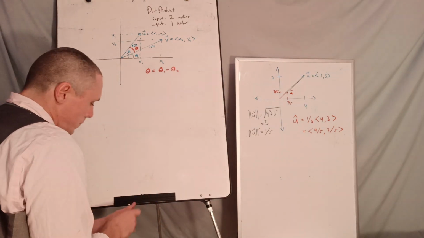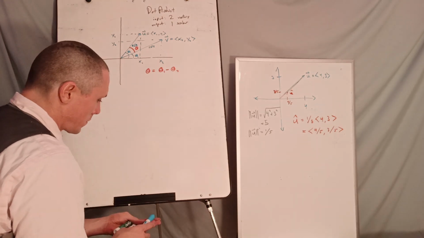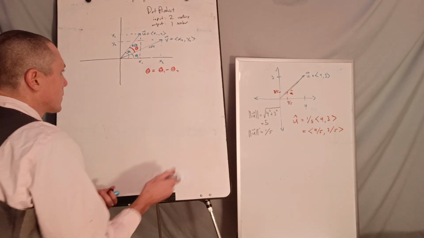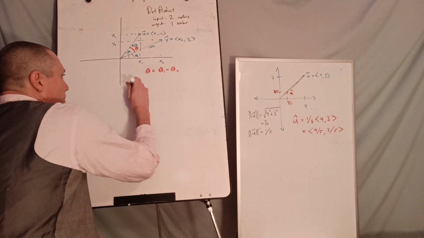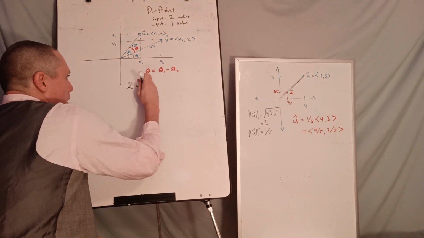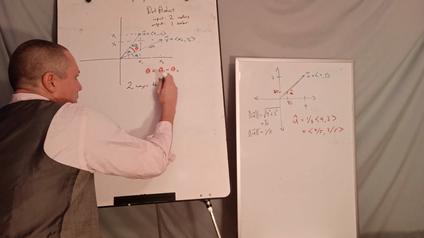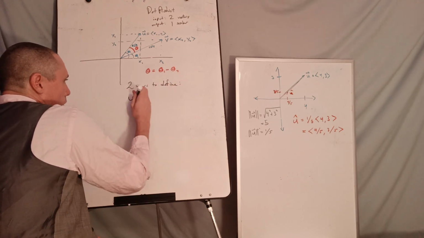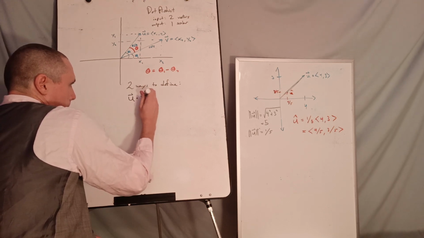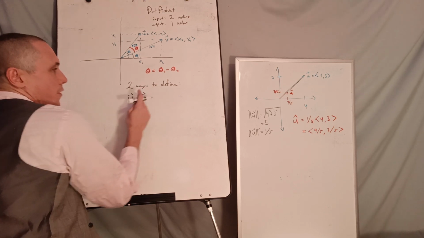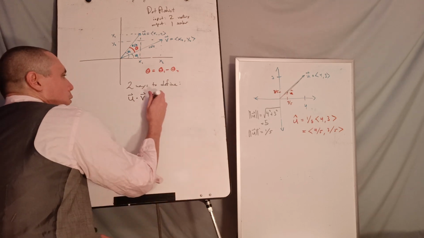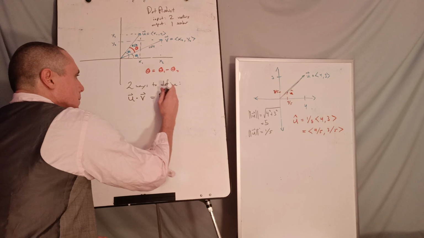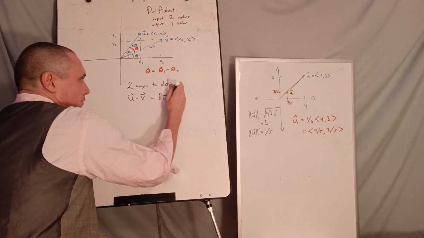So there are two ways that we can define the dot product. So one of them, let's say u dotted with v, and we say u dotted with v or u dot v, we'll say that that is equal to the magnitudes, the product of those two numbers.